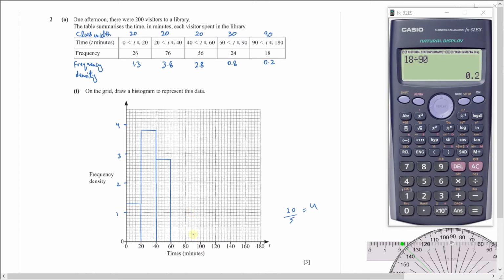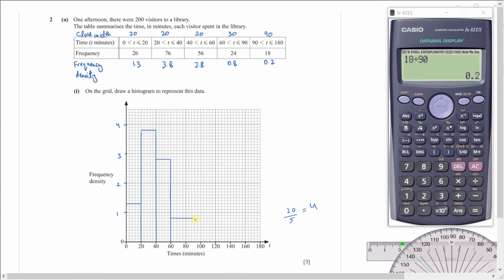So 60 to 90, you have 0.8. So this is 0.8. And this will be up till 90. Maybe a little ahead.